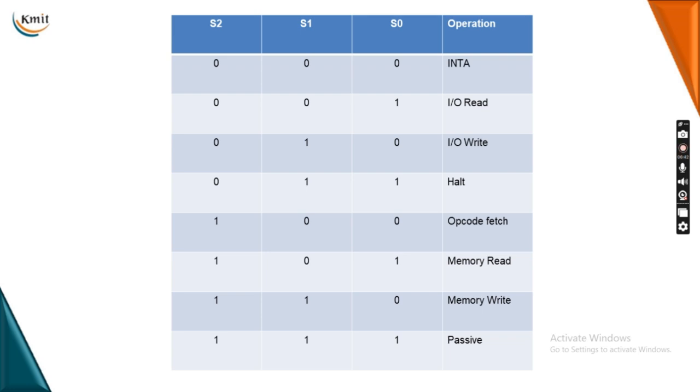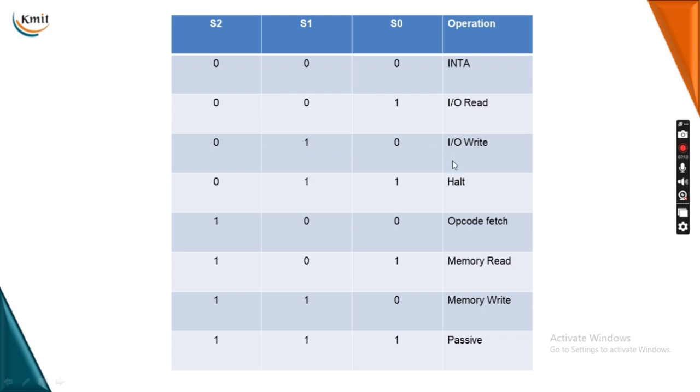There are 3 selection lines in your pin configuration, which will be discussed in the next session. When they are 000, it tells that an interrupt has been applied, so it acknowledges that an interrupt has occurred. For 001, the IO will do the read operation.